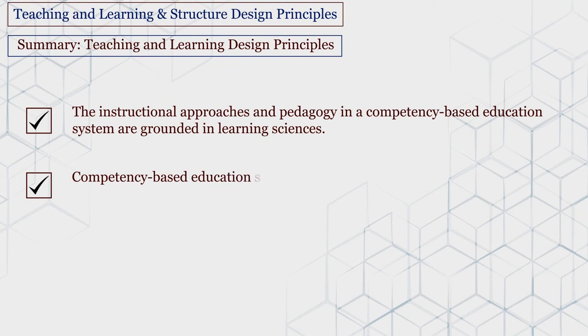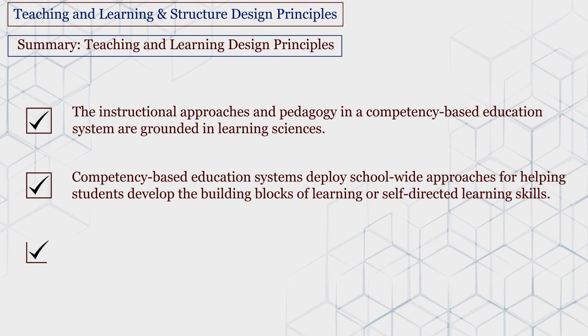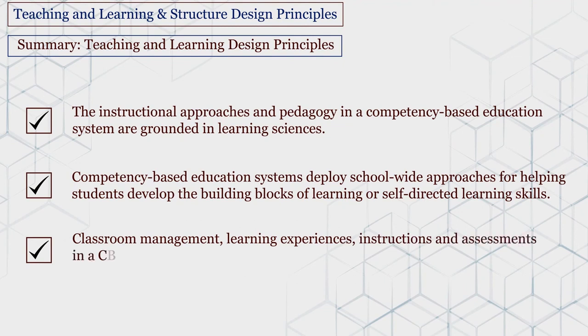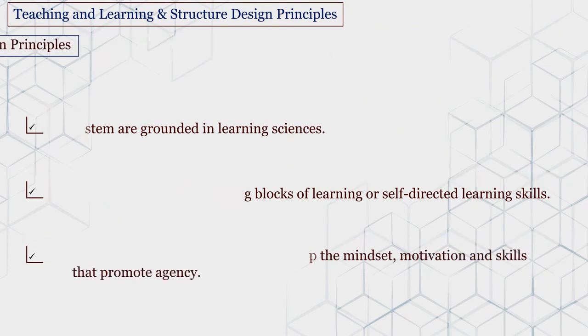Competency-based education systems deploy school-wide approaches for helping students develop the building blocks of learning or self-directed learning skills. And classroom management, learning experiences, instructions, and assessments in a CBE system are designed to develop the mindsets, motivations, and skills that promote agency.